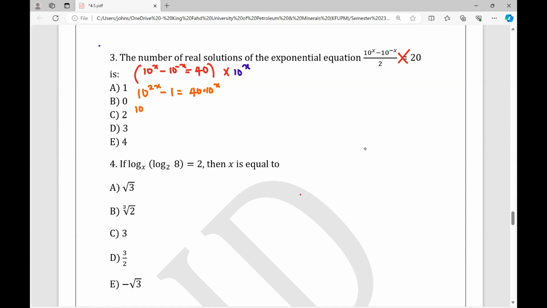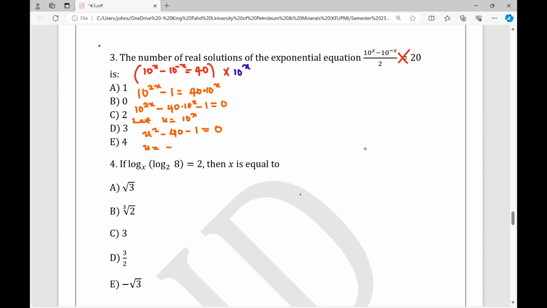So we can rewrite this as 10 to the power 2x minus 40 times 10 to the power x minus 1 equals 0. And if you let u be 10 to the power x, you will have u squared minus 40u minus 1 equals 0.